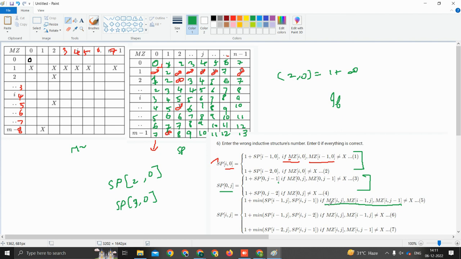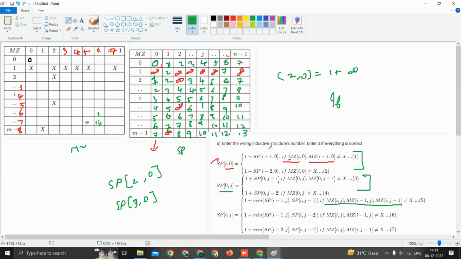Okay, coming back here, what is it saying? If maze of i comma j, let's say we are trying to fill this point, and i minus 1 comma j, which means this point, and j minus 1, which means this point.